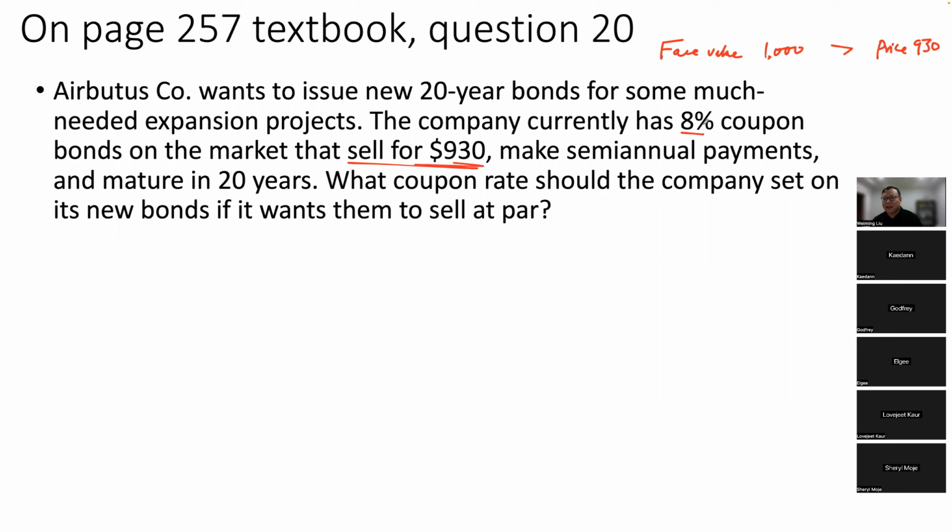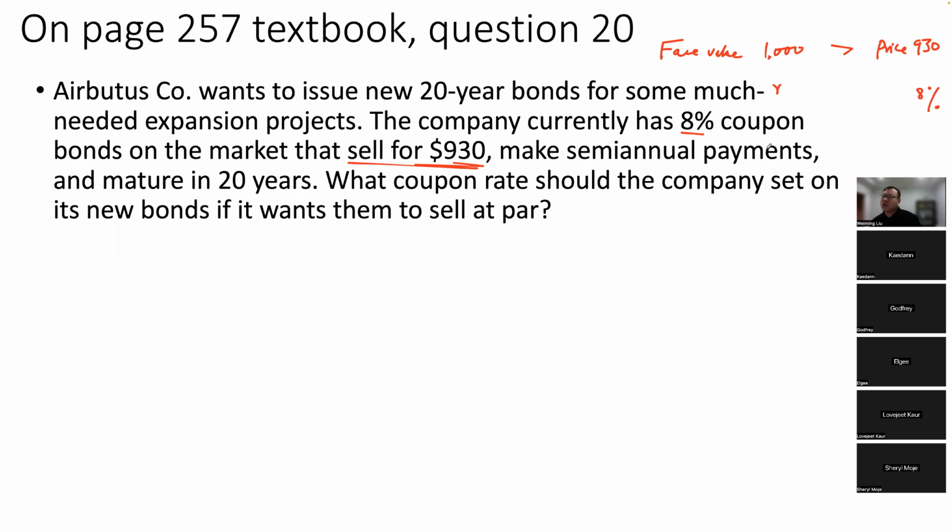We know that, and the market rate, let's suppose, is R. With the coupon rate at 8%, the current bond price is $930, which is less than the face value of 1,000. So it's issued at a discount.